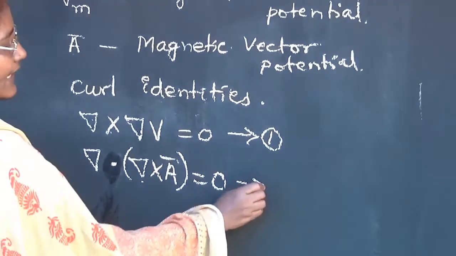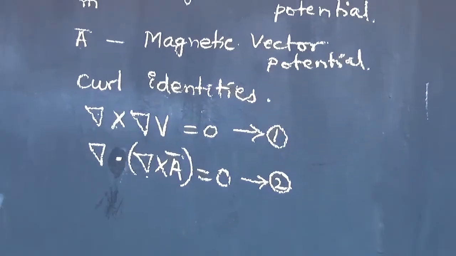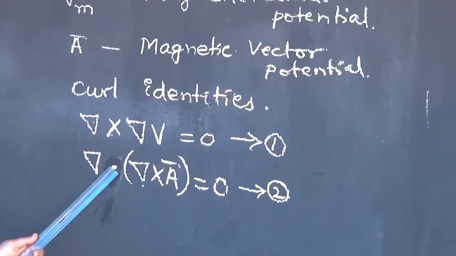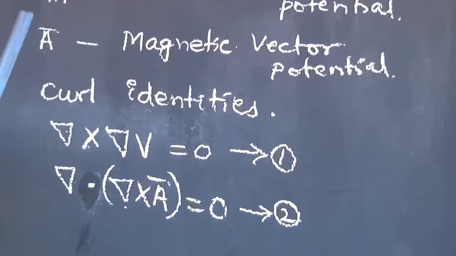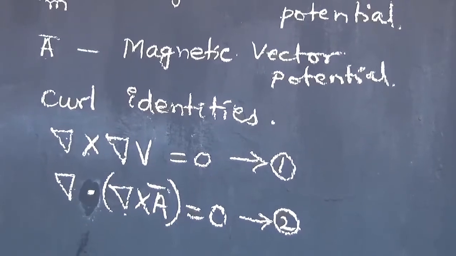This is the second identity. We make use of these two identities to know more about the scalar potential and vector potential.